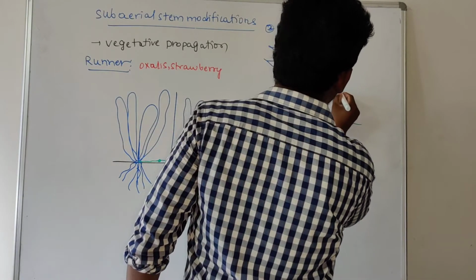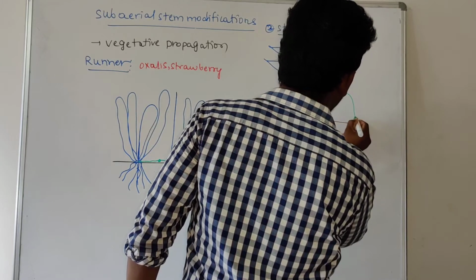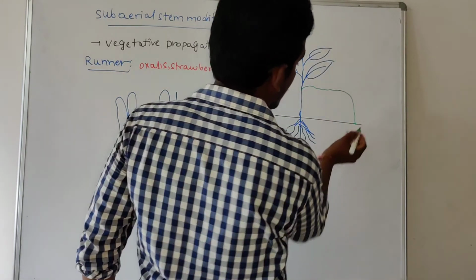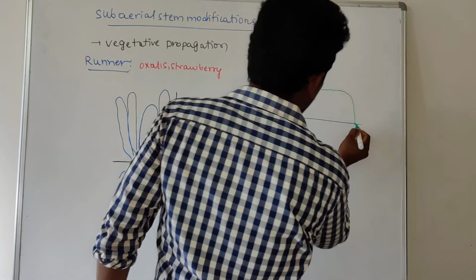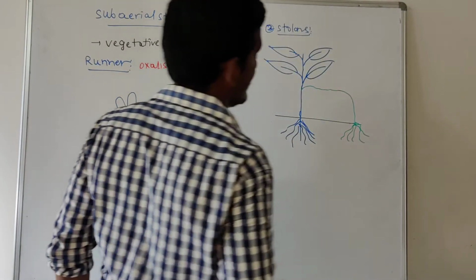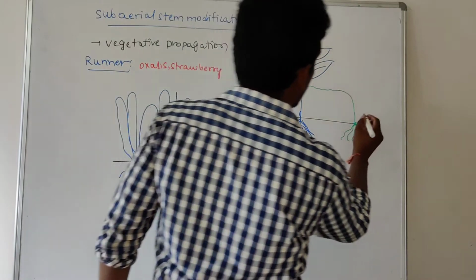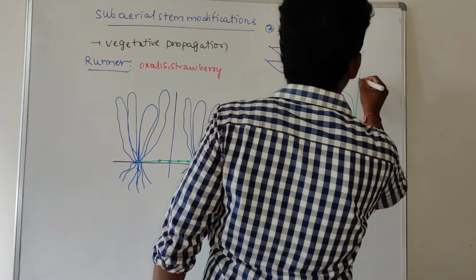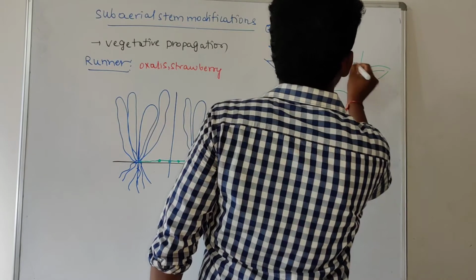Later, when a branch touches the soil and has contact with the soil at its node position, it develops adventitious roots below the soil, and above the soil it develops the shoot system.